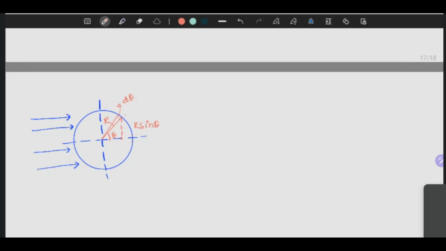So if you calculate all those things, then the surface area of this small strip will be 2 pi r sin theta with the width r d theta, like this small strip.